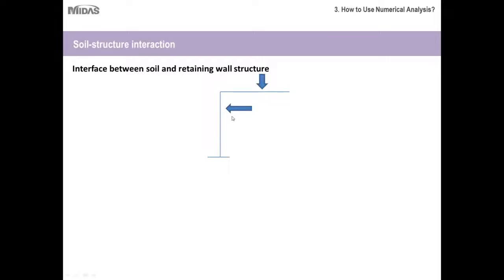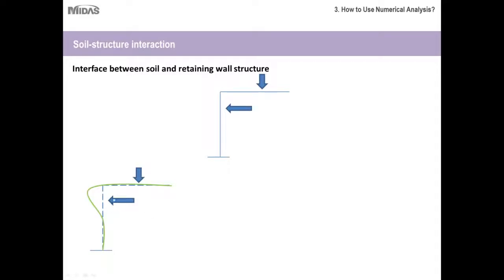This could be due to the unstable slope and the sliding wedge, or this could be due to the active earth pressure. So when these forces are acting onto the structure and you are modeling this behavior without considering any interface or without considering soil structure interaction, this is what you will observe.